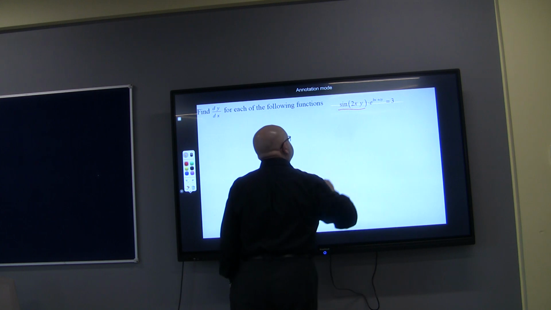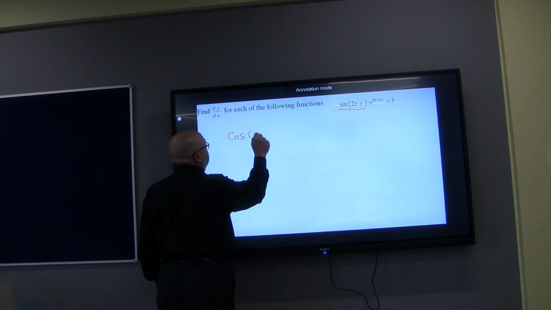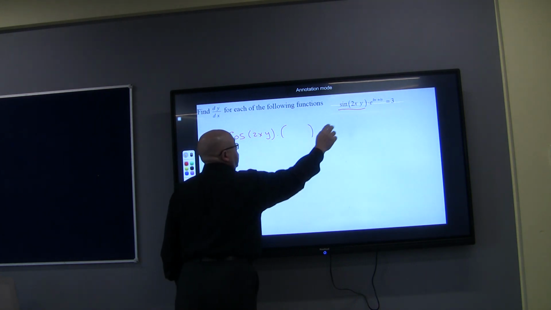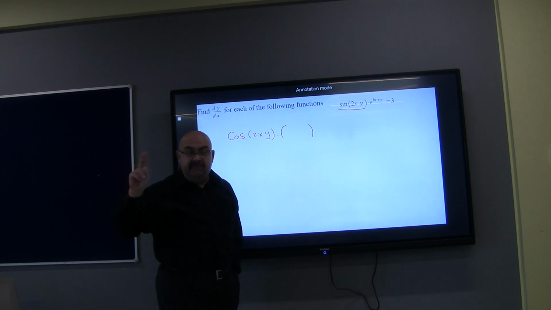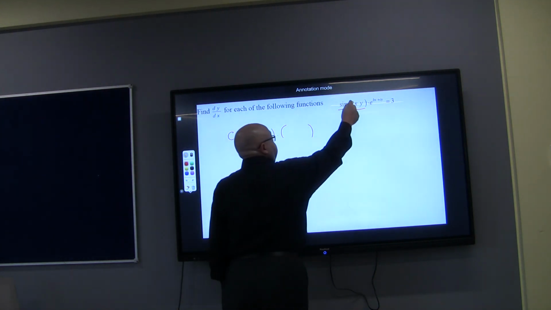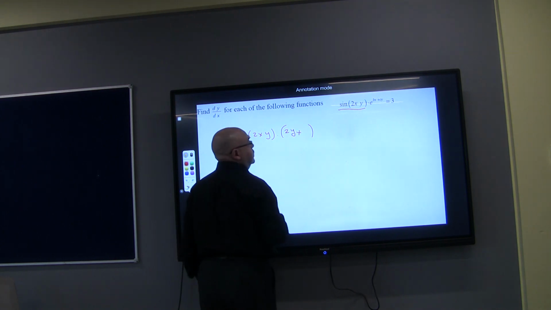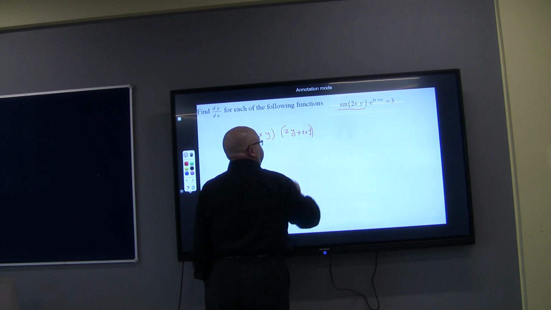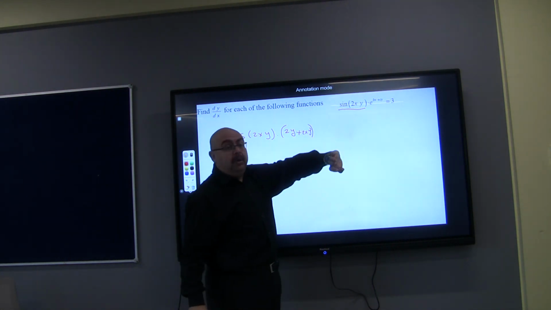So differentiating sine of 2xy, it's going to be cosine of 2xy times, all in a bracket, the derivative of 2x, which is 2 times y, plus the derivative of y, which is y dash times 2x. كده انا عملت الديريفاتيف بتاع الساين 2xy.